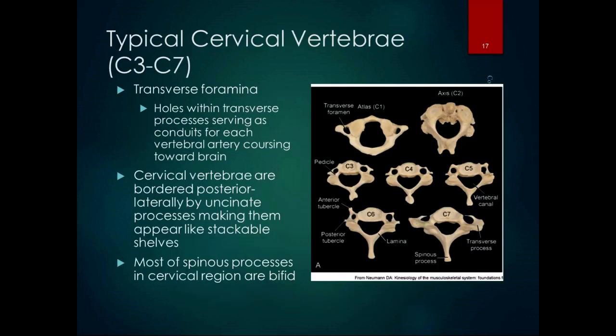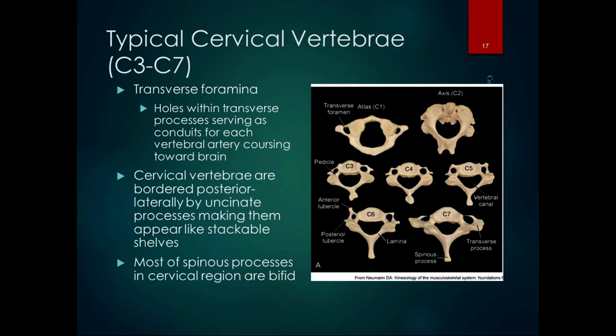So, cervical vertebrae, the common features of them is, besides C2, because it's special, they have transverse foramina. There are holes within the transverse process that serve as conduits for each vertebral artery coursing toward the brain. So bringing oxygen to the brain, that's very important. It's encased in bone.